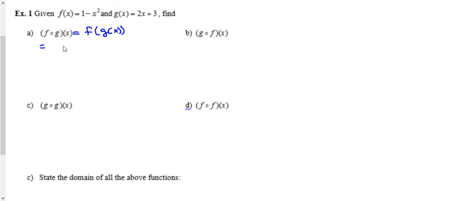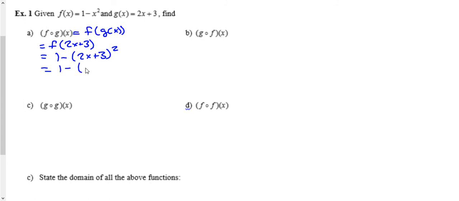So let's start off with our sub in. So we have f of g of x, and g of x again was 2x plus 3. So instead of saying g of x, I'm going to say 2x plus 3. And in my function f of x, I'm going to sub in this equation. So here now I have 1 minus bracket 2x plus 3 all squared. There we go. From here, I'm going to distribute and multiply out.